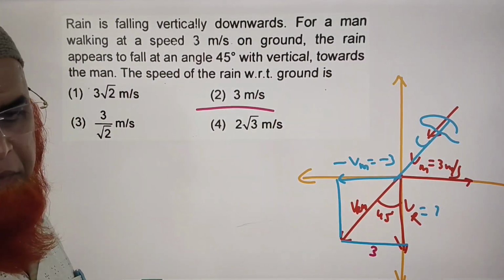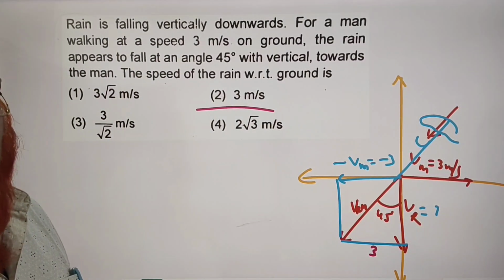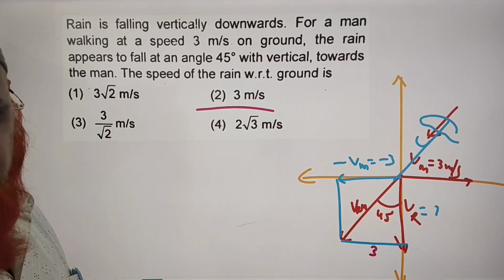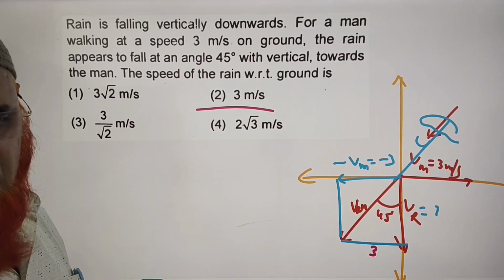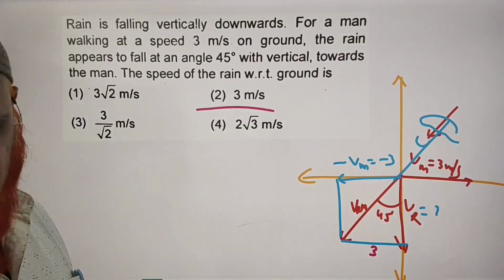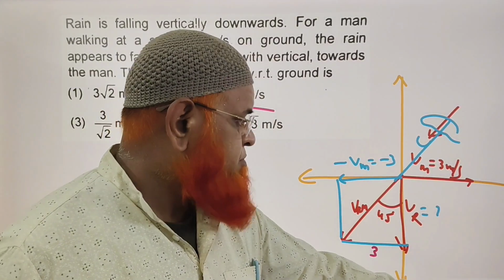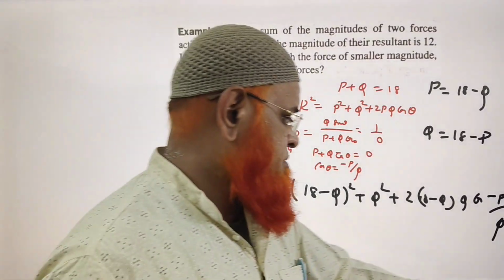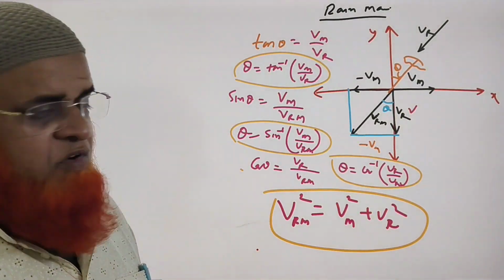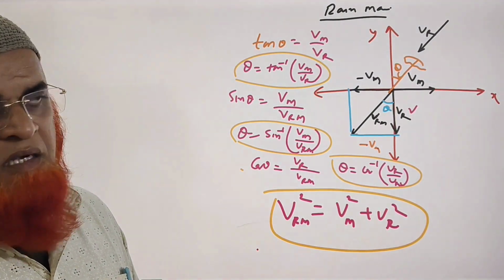Without solving, you have solved it. Understand? It's a simple method by general vector form. Is it clear? So man and rain problems can be solved by just a simple concept. This is the concept formula. Is it clear?